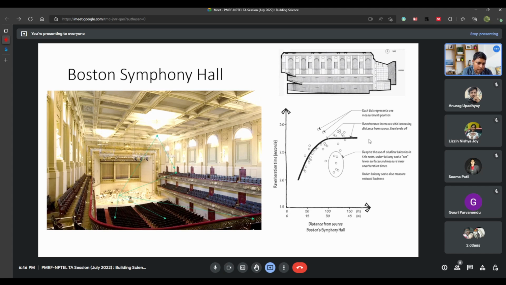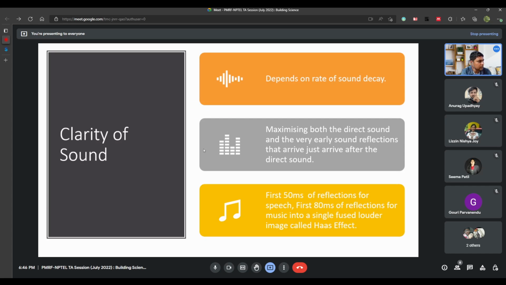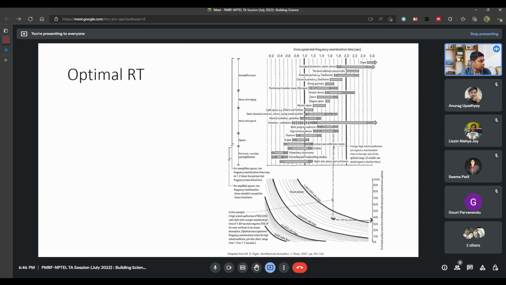Basically, the design was made in such a way that the reverberance time flattens out, and since it is used for music and opera events, this 2 to 3 reverberance time is considered good. When we look back at the optimal reverberance time, for orchestra, chorus and all, the optimal reverberation time limit is between 1.8 and 2.6.